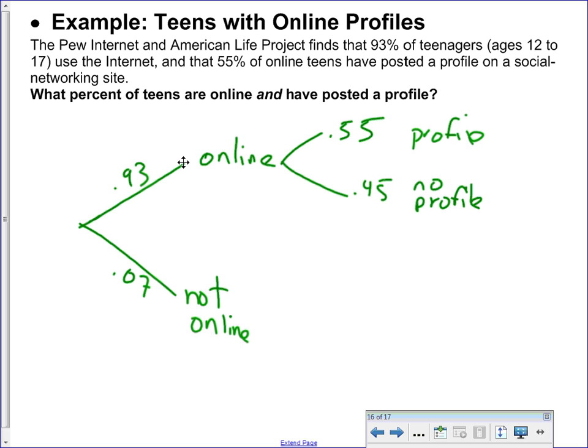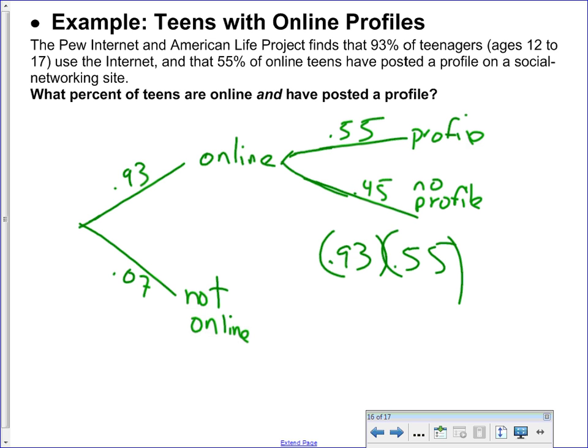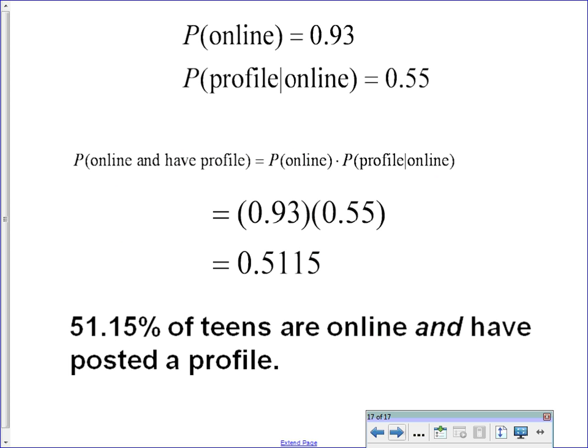So the probability that someone is online and has a profile is 0.93 times, I'm sorry, I should do it like that. Remember, we write the probabilities on the arms. Times 0.55. And so what you can see is this.